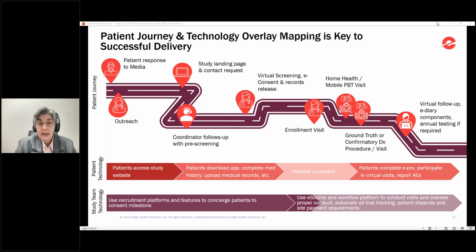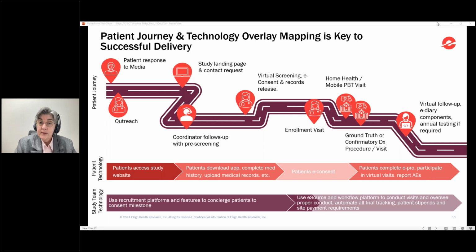Or are they wanting a medical record documentation confirmation of eligibility criteria? If that's the case, then you have to allow that extra timeline as well as some of the technologies to obtain medical records, review records, confirm that eligibility, and then take them to the next step in the pathway, which, depending on the study, may be getting home health out for a home phlebotomy test or dispensing a kit for a self-collection, as in a colorectal cancer study.